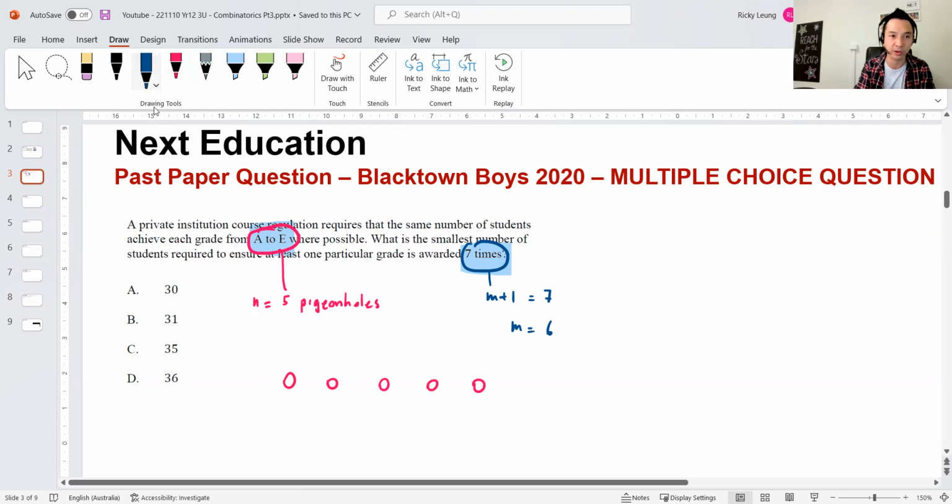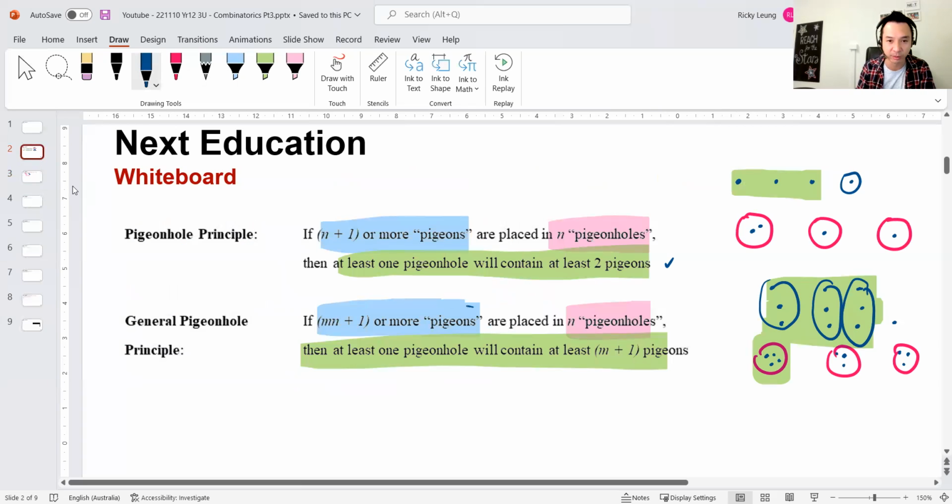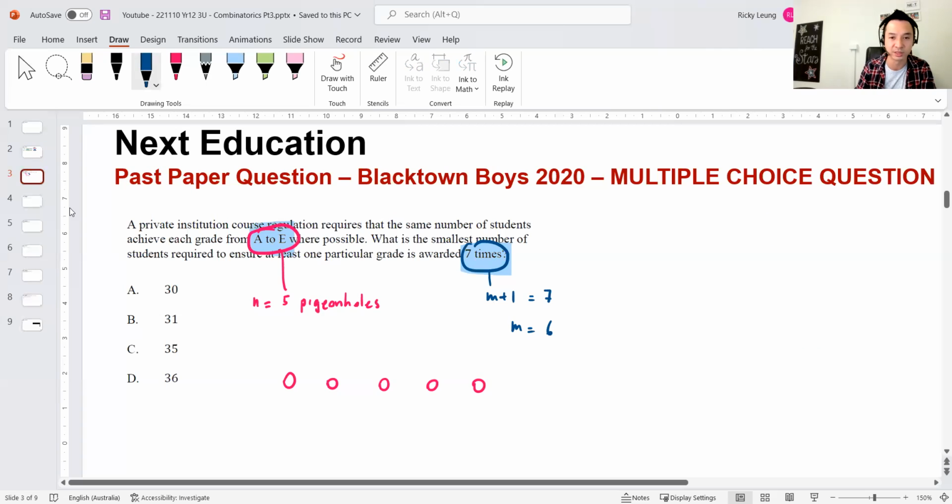So the formula works. This is the number of pigeons: m times n, plus 1. That's the number of pigeons we need, which in this case is the number of students we need.